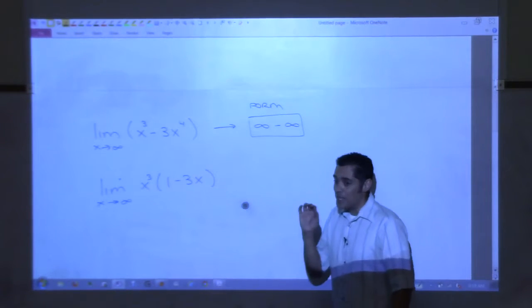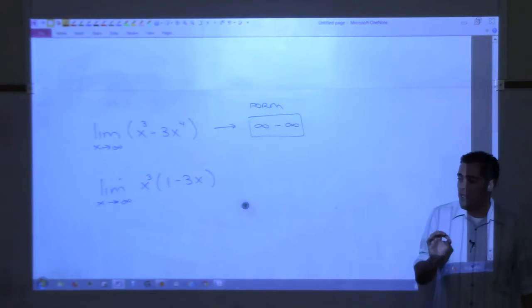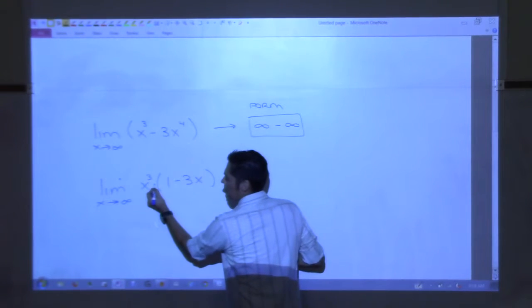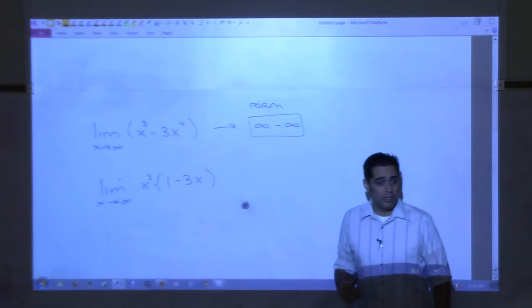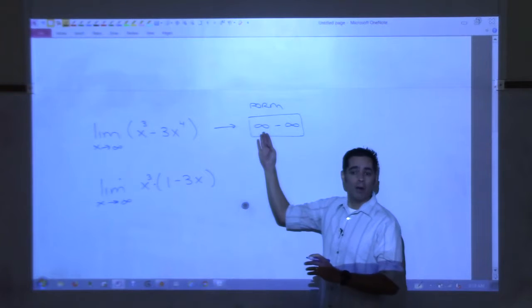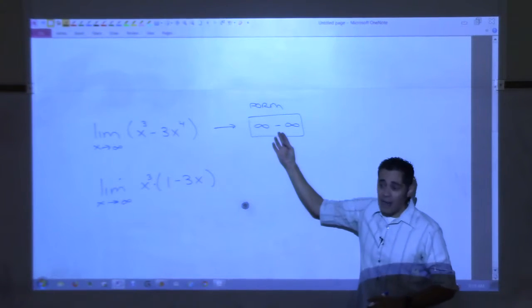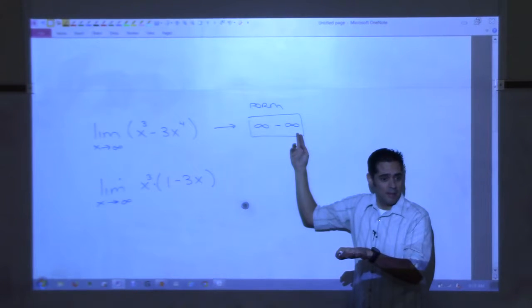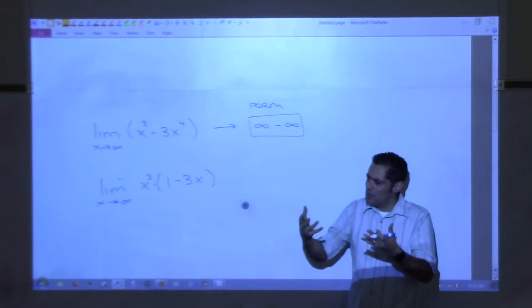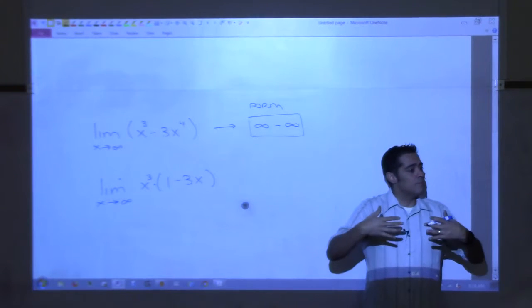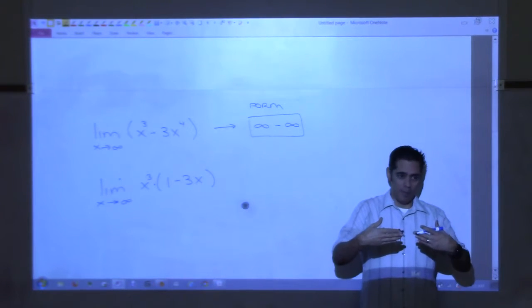Now, what I've gained here is that I now have multiplication as opposed to subtraction. Because if I tell you right now, hey, look, I'm going to take a big number and subtract a big number, you're going to have no idea what the answer is, right? Because subtraction, you don't know. You need to know kind of like how big those numbers were.